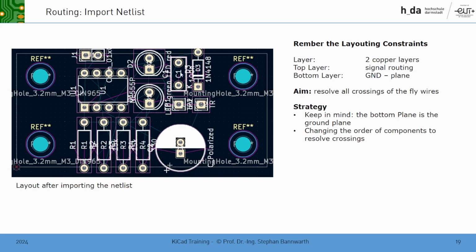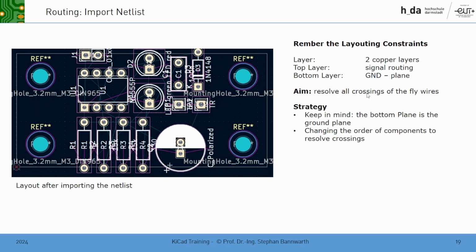What we have to keep in mind is the layouting constraints. We have two copper layers. Top layer is signal routing, bottom layer is ground plane. What does it mean? To keep in mind that the bottom plane is ground, so we don't have to care about the ground pins, right? Because for through-hole technology, the ground pins are always connected at the bottom side. So we only have to resolve the crossings of the fly lines for the signal pins.